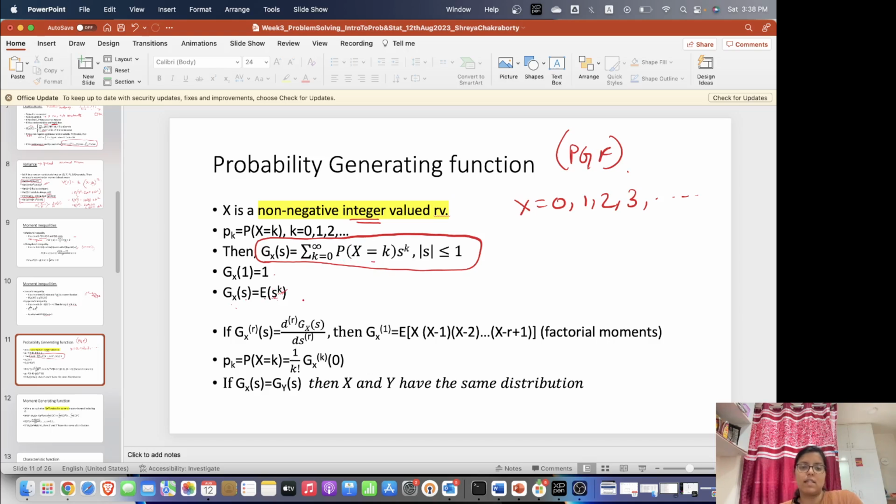So G_X(s) is essentially equal to expectation of s to the power X. And also, if we have something like this, then G_X'(1) can be defined in terms of the factorial moments.